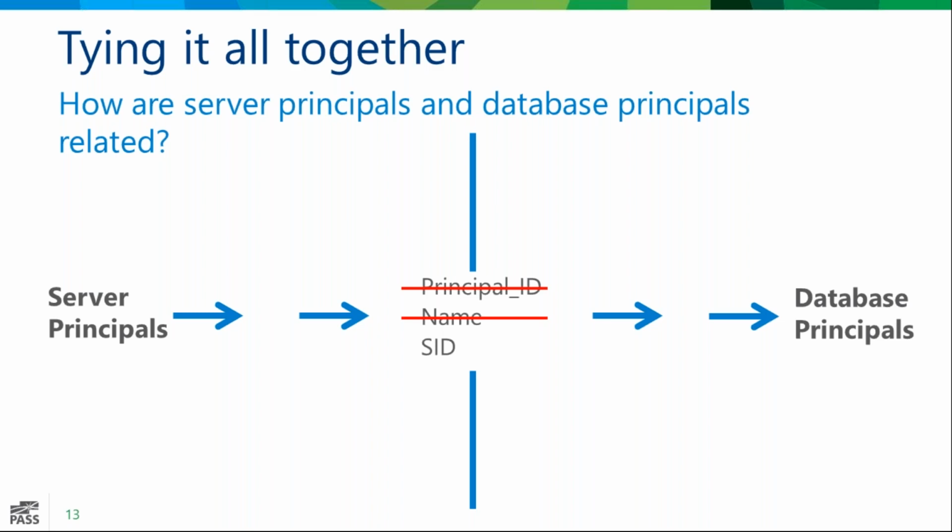The name at the server and the database level do not have to be the same. You would think that they would, but they don't. Your name at the server level could be Bob, and your database principal name could be Susie. It doesn't matter, because what ties those two things together is the SID.